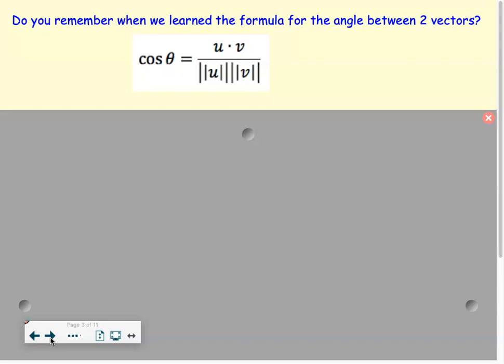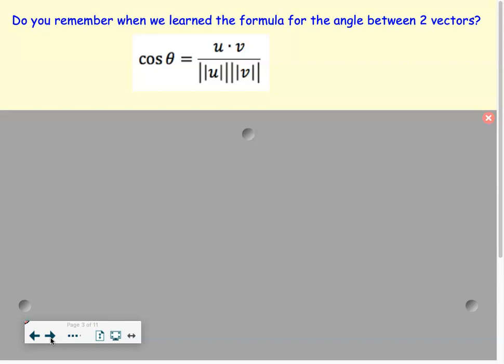So it all starts with the cosine of the angle between 2 vectors. Seems weird that that's where we're starting, but that's where we're starting. I don't know if you guys remember this from chapter 12, but the cosine of the angle between 2 vectors is the dot product of the vectors divided by the product of their magnitudes.